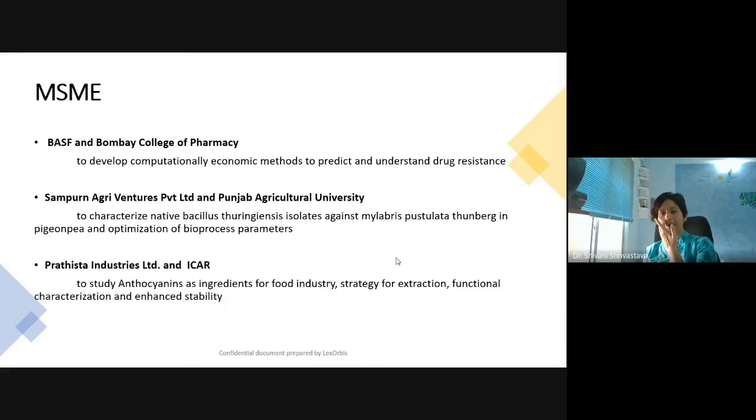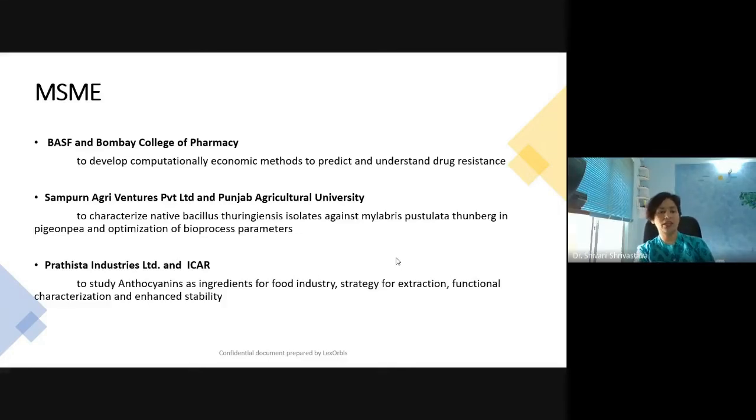Then there are some collaborations with MSMEs. MSME means micro, small, and medium enterprises. Here BSF and Bombay College of Pharmacy are developing computational methods to predict and understand drug resistance. Then Sampuran Agri Venture Private Limited and Punjab Agriculture University.